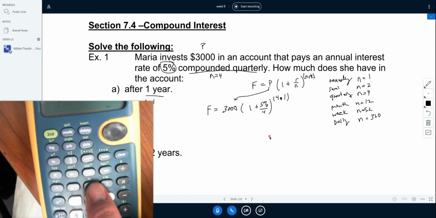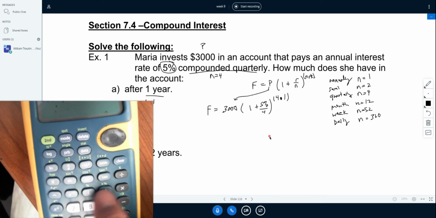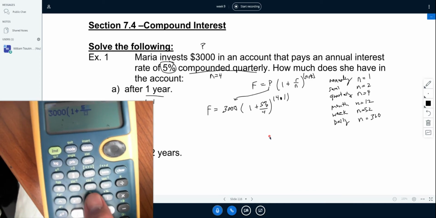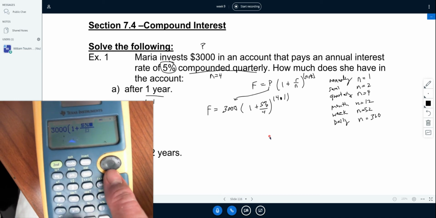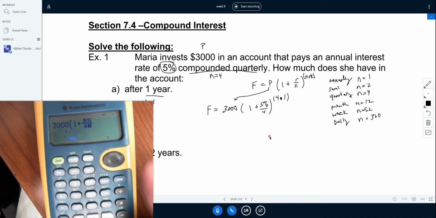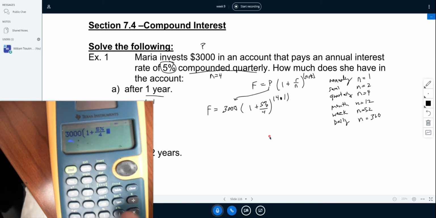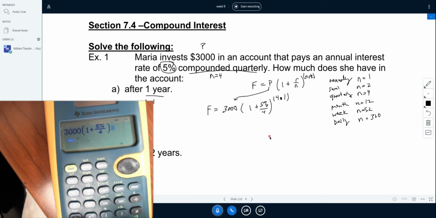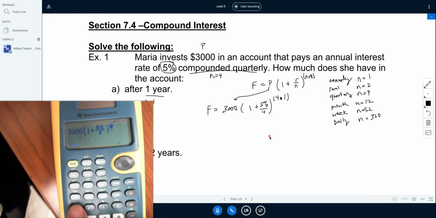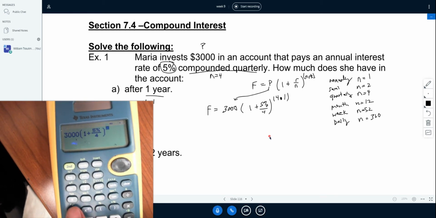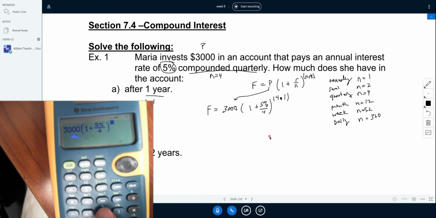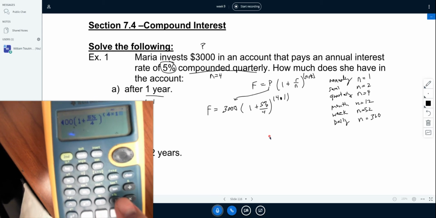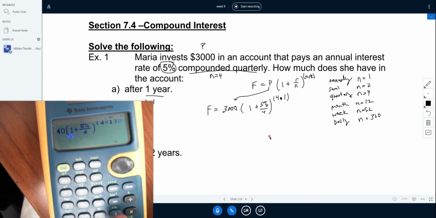Now, some people get this percent wrong. You want the percent button in green, so you hit second percent, 5%. Then I arrow down, 4, close the parentheses. Now we have to raise it to a power, and this button raises it to a power. I always put powers in parentheses, so it's 4 times 1, not 4.1. Many people are getting that wrong.